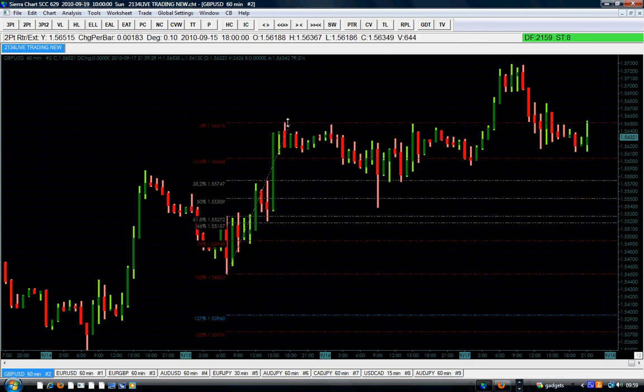So right there. The next day, which is the 16th of September 2010, the price nearly retraced again. You see this tail is nearly at the 61.8 Fibonacci reversal. The 61.8 is this white line here.